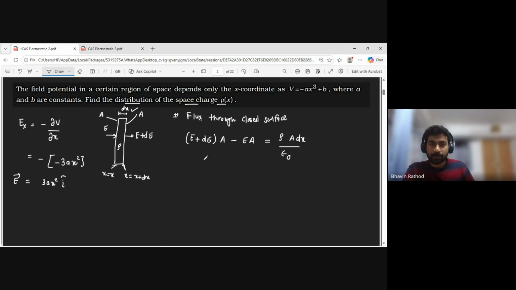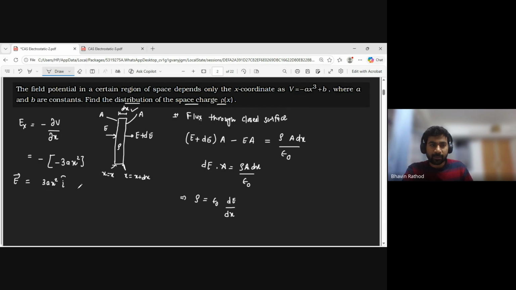So dE into A equals rho A dx by epsilon naught. We lose A from both sides, and we get rho equals epsilon naught into dE by dx.